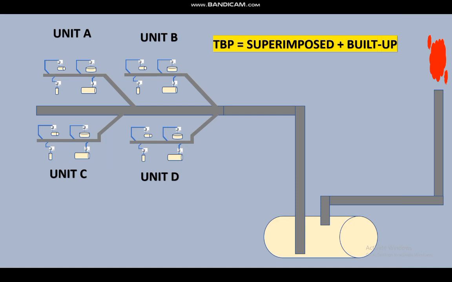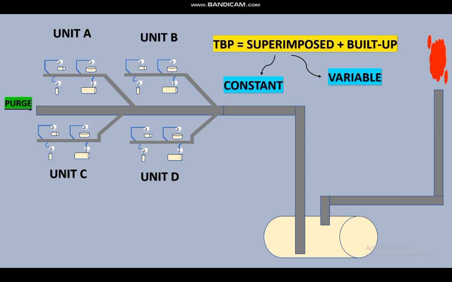So let's start with the superimposed back pressure. As we talked about earlier, superimposed back pressure can be constant or variable. For constant back pressure, let's consider a refinery with 4 units A, B, C, D operating under normal condition. Constant back pressure is caused by the purge gas that continuously flows within the flare network.